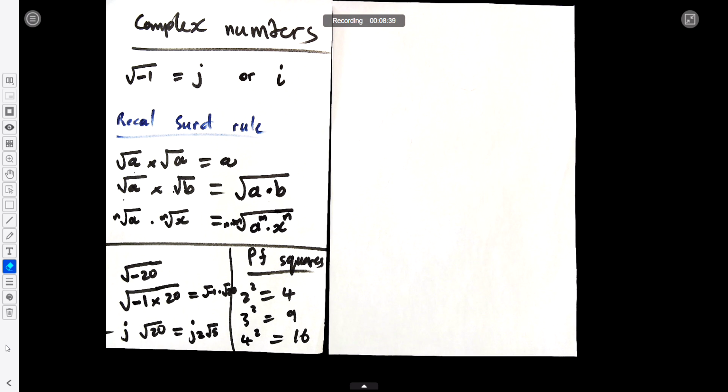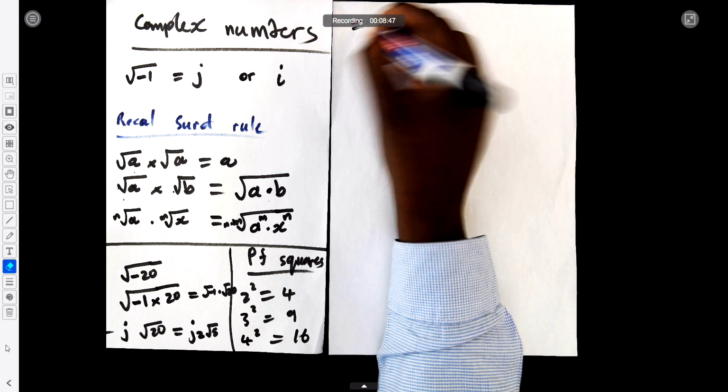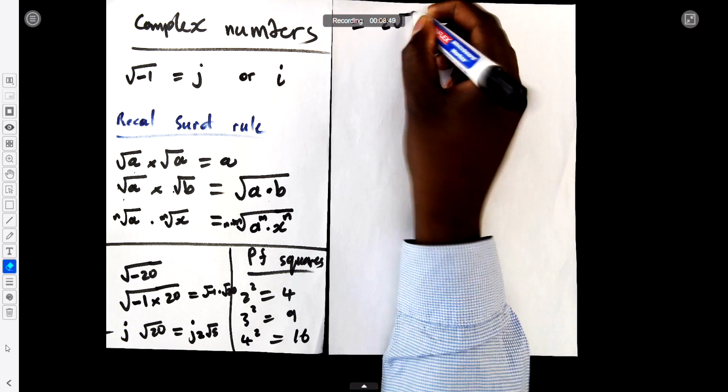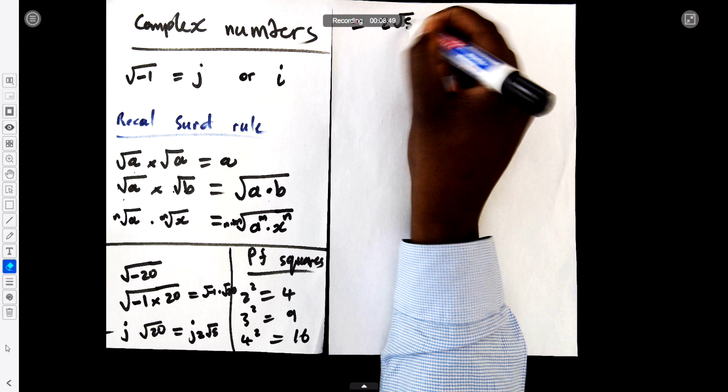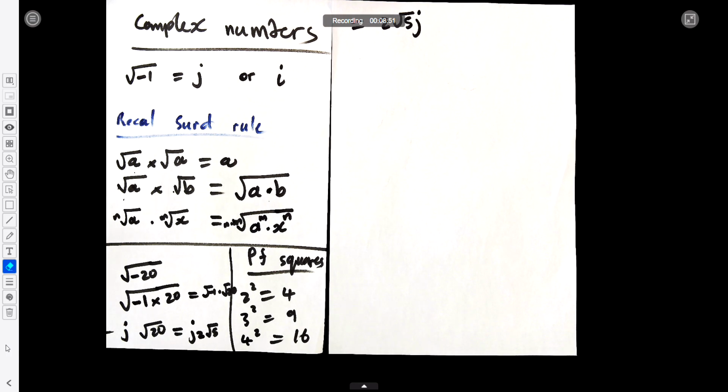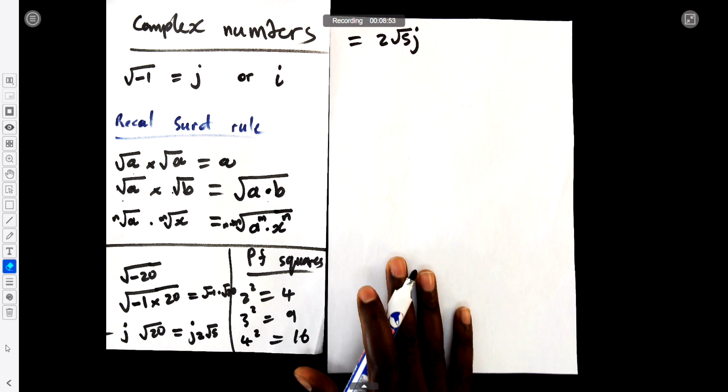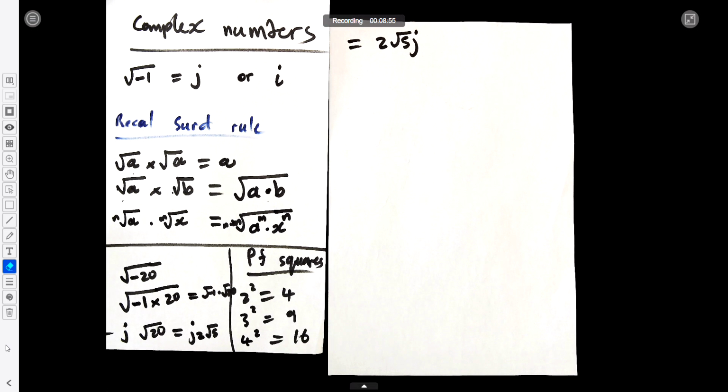Sometimes you can see your complex number expressed in this way, j with the coefficient, or you can see it as 2 root 5 j. It can be expressed in that way. Remember, factors you can rewrite anyhow; the order doesn't matter.